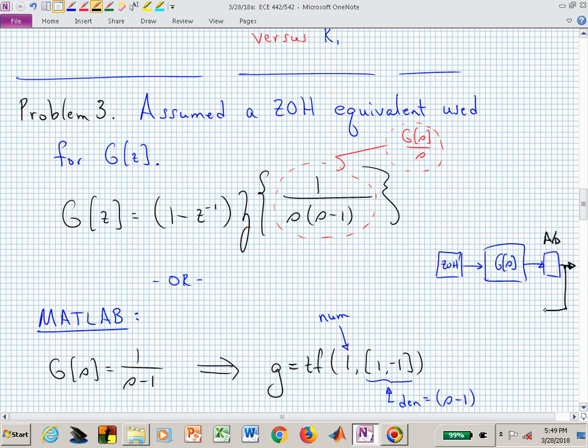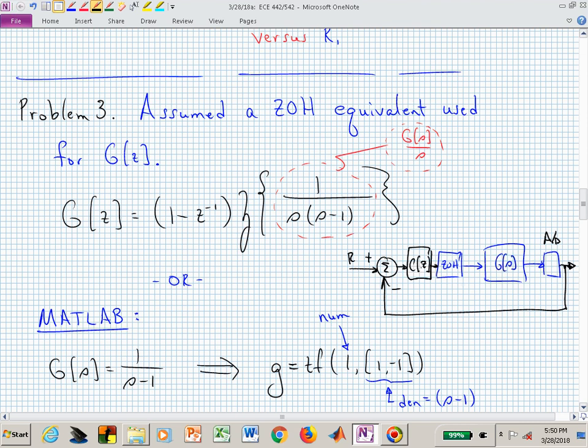And what we are then doing is asking to find what's this capital C of Z in this interconnected block diagram. And we'll build that C of Z using Ragazzini's approach.